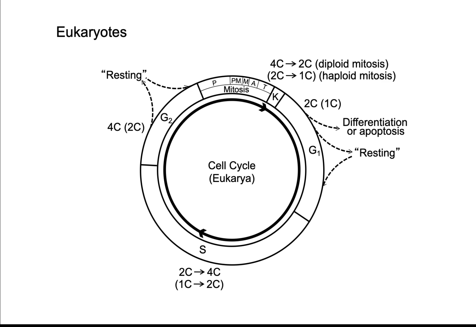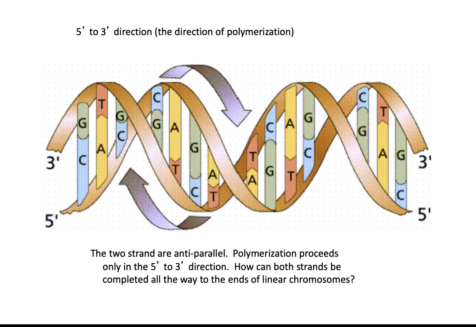Now, in organisms that are mainly haploid, such as fungi and some protists, you start from 1C, build up to 2C in the S phase, and then drop back down into the 1C amount after mitosis.